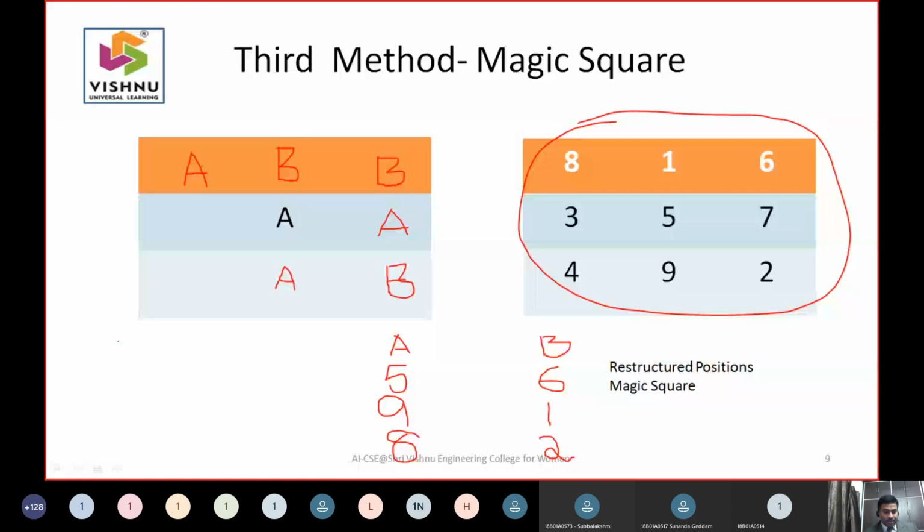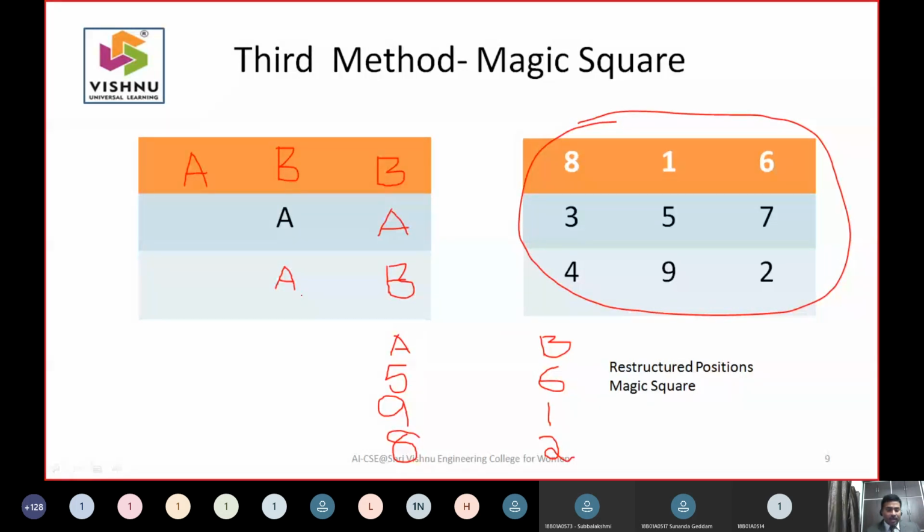So you need to understand, because tomorrow again I will be coming with a different PowerPoint which will use these three slides. Like the second method, we will understand it in terms of implementation. I will come with an algorithm. The third method also, we will take a few examples so that this magic square can be understood better, because the first time when people are listening to this, it will take some time to understand.